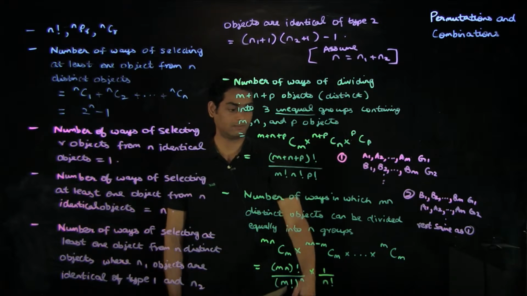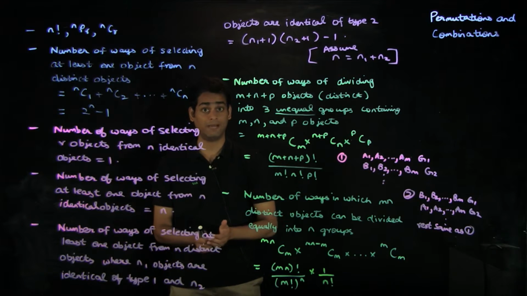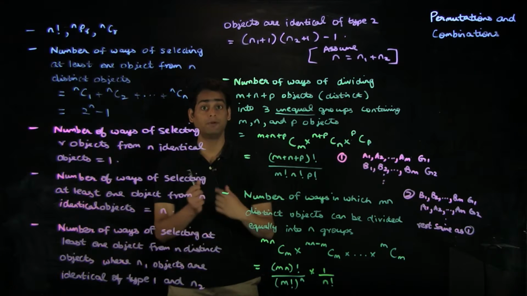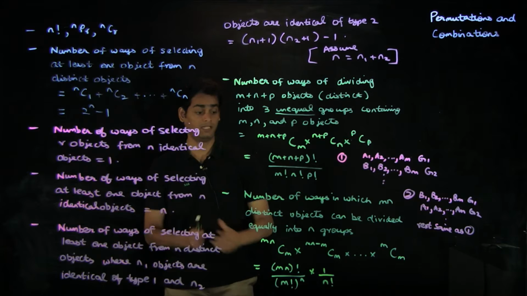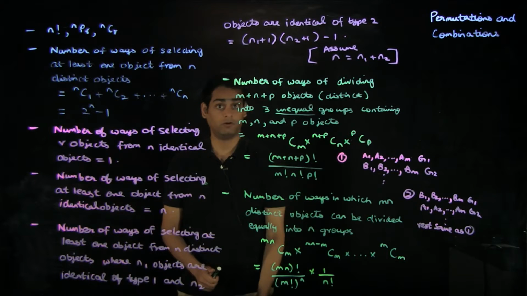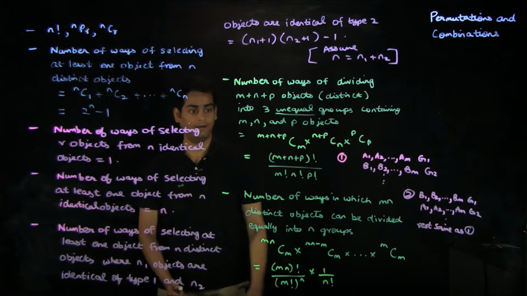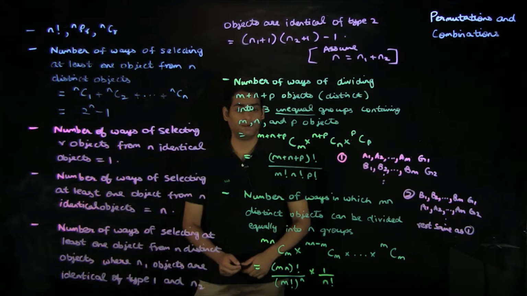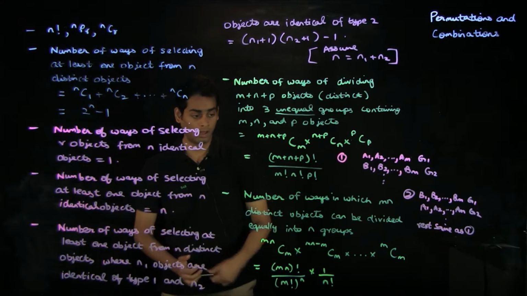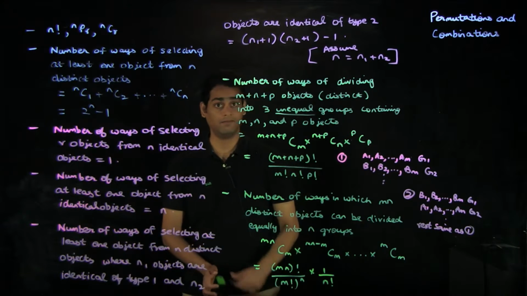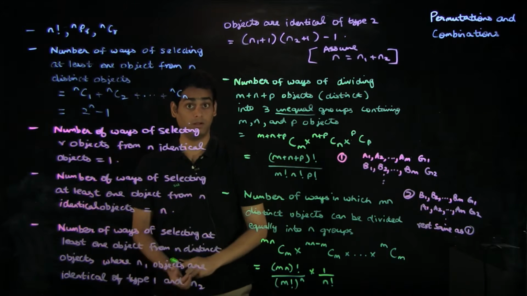This n factorial comes from the fact that we have these n groups, and these n groups all have the same number of objects, and the ordering between these groups themselves, the label which we are giving to these groups, doesn't matter. That is the distinction between this case and the case when we had (m+n+p) factorial divided by m factorial times n factorial times p factorial. So that's the relevance of the assumption that the groups are unequal in that case and that the groups are equal in this case.